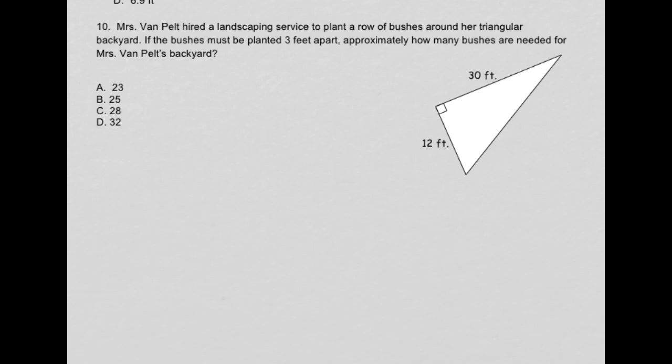Sounds like you're going to want to figure out what the perimeter is, and then you're probably going to want to divide that perimeter by 3. Why? Because the bushes are going to be planted 3 feet apart. So for every 3 feet you have, you're going to have 1 bush. All right.